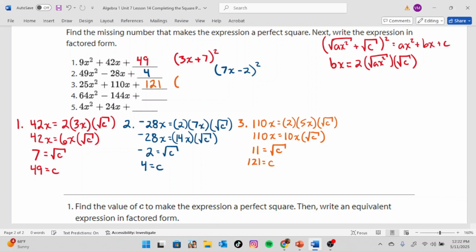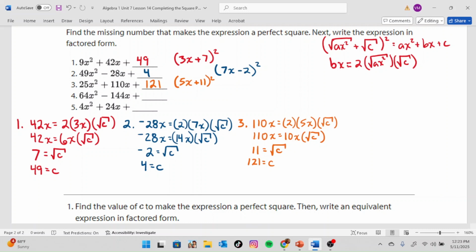In factored form, the square root of ax squared we said was going to be 5x plus the square root of c we said was 11, and we square it.